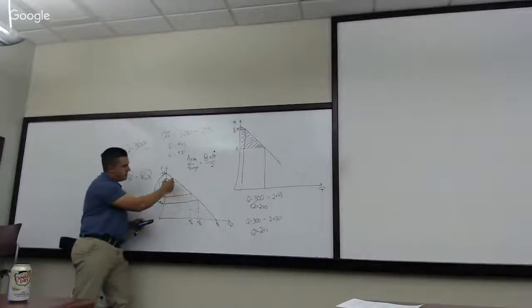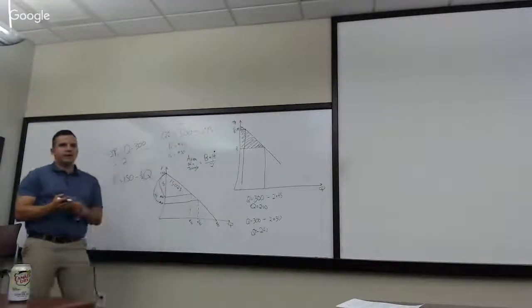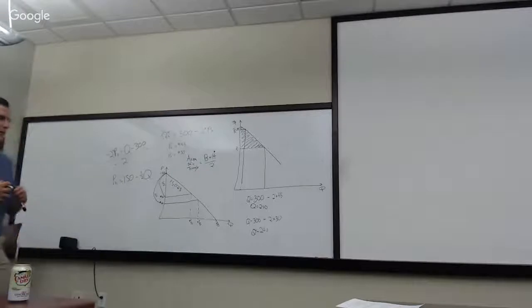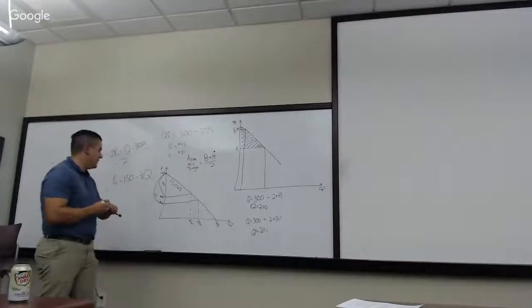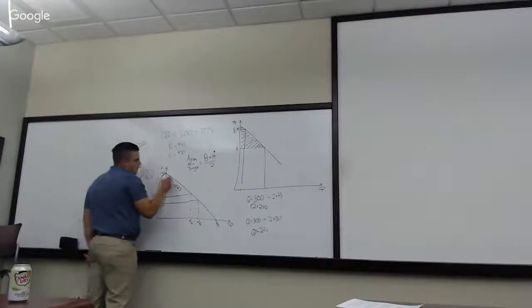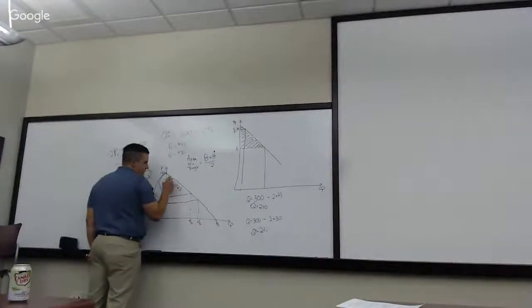We're going to get the area of this triangle is $11,025. So there's $11,025 worth of consumer surplus that's being generated when the market price is $45.